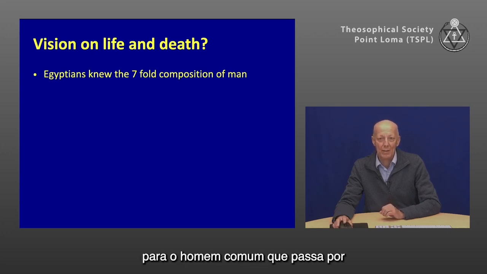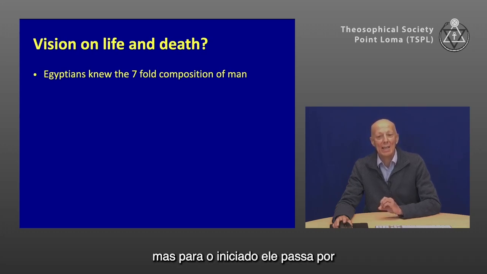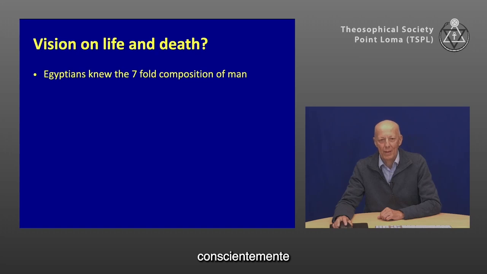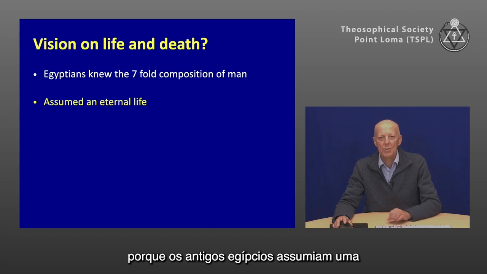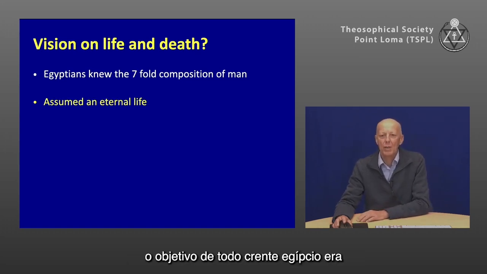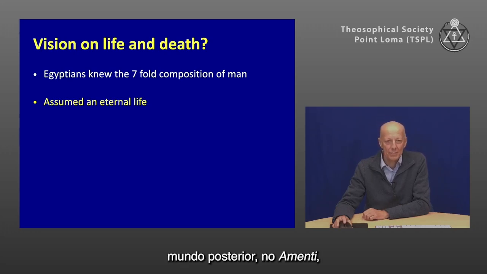For the average man, who goes through those processes more or less in a dream state, but for the initiate, he goes through those processes of the dead self-consciously. Because the ancient Egyptians assumed an eternal life, the goal of every Egyptian believer was to obtain a new life in the other world, that is, in the afterworld, in Amenti.